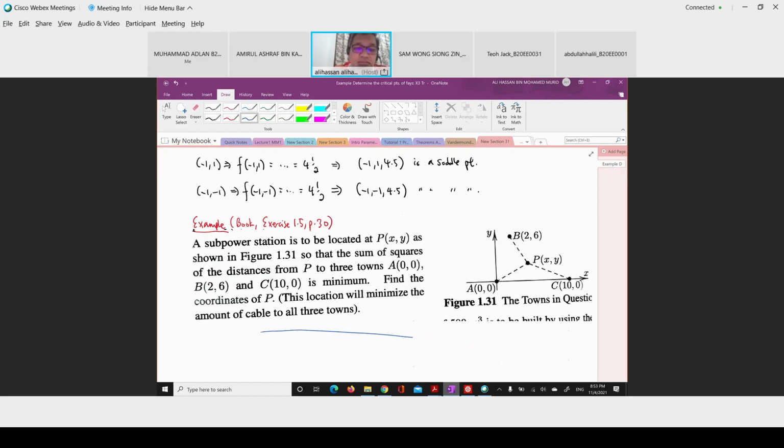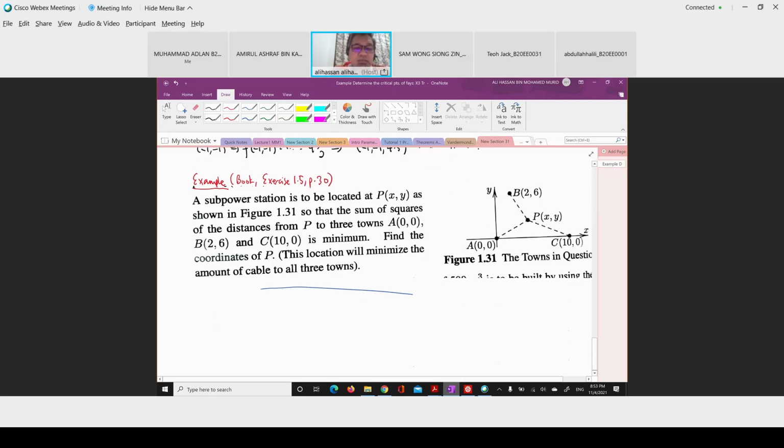So let's see how the methods that we have discussed can be used to solve this problem. So here we have three towns.